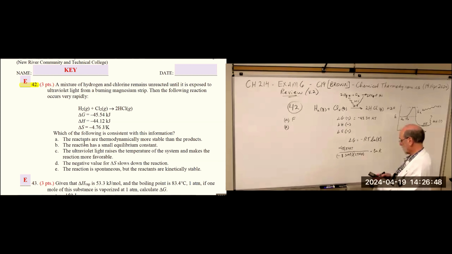So let's see what that value is. 45,540 over 8.3145 times 298 is 18.38, which equals ln K. And then K is equal to e to the 18.38, which is, whoa, 9.6 times 10 to the 7th.